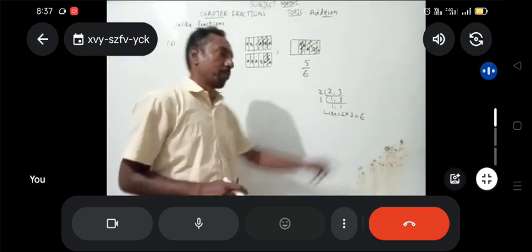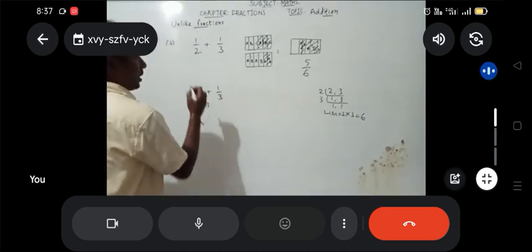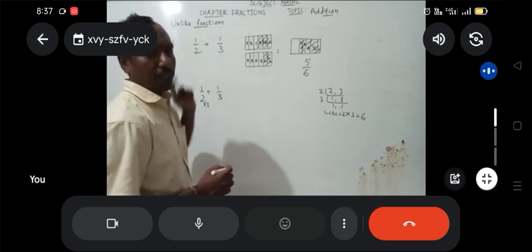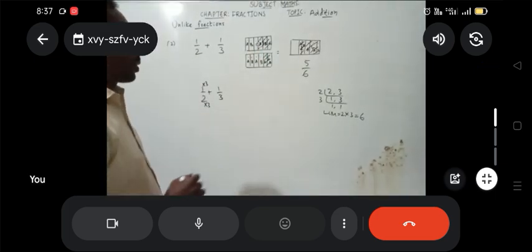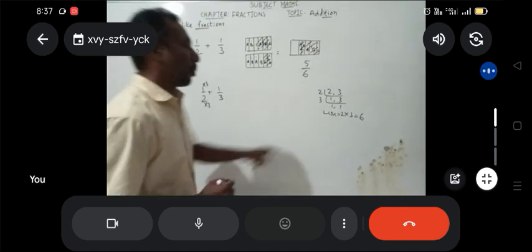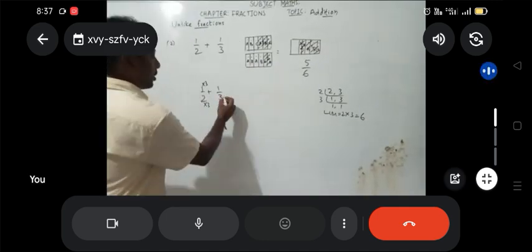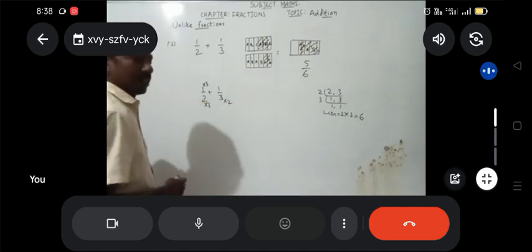Once you find the LCM, we should make the denominators the same as the LCM. Here 2 is there. To make it 6, it should be multiplied by 3. Here it is divided into 3 parts, that is the meaning. Here it is already divided into 3 parts; to make it 6, it should be multiplied by 2, meaning we are dividing into 2 parts.